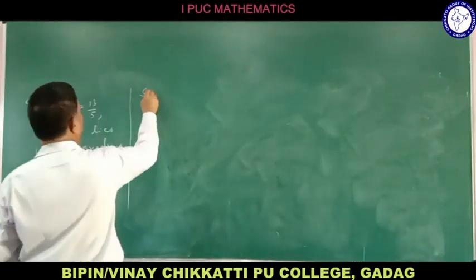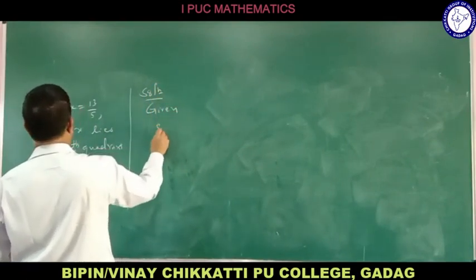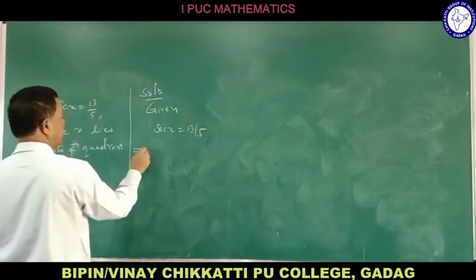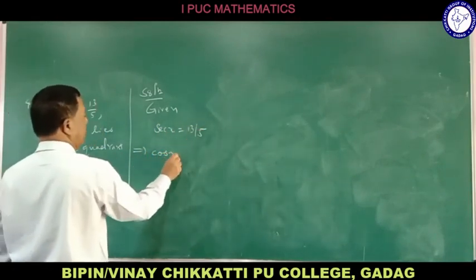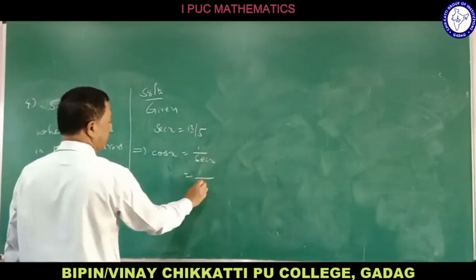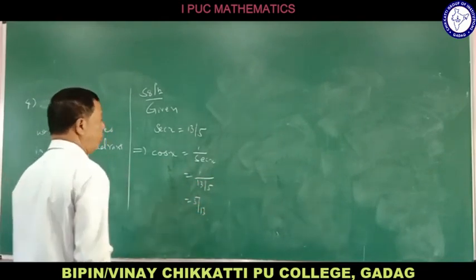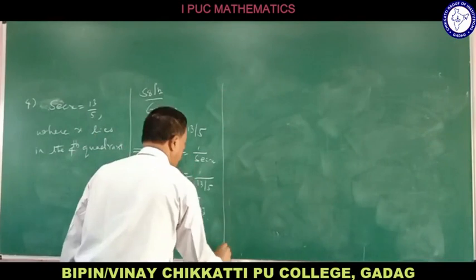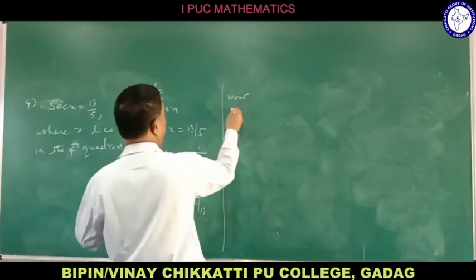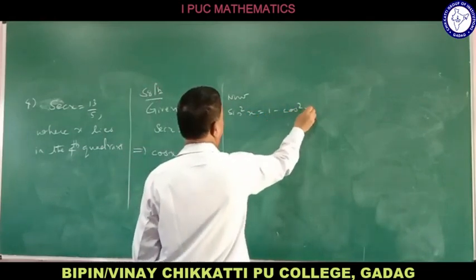See what is the information given? Given that sec x is equal to 13 by 5. So the reciprocal of sec is cos x. Cos x is equal to 1 upon sec x, and 1 upon sec x means 5 by 13. When cos is known, we can find out the sine. So you can write sine square x is equal to 1 minus cos square x.